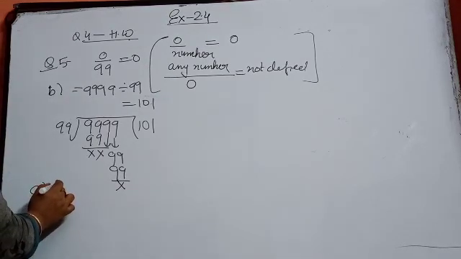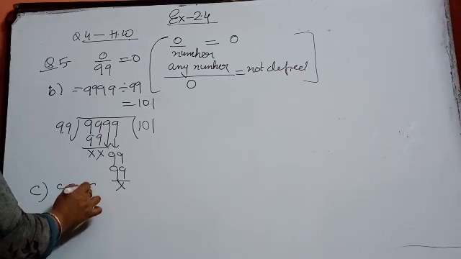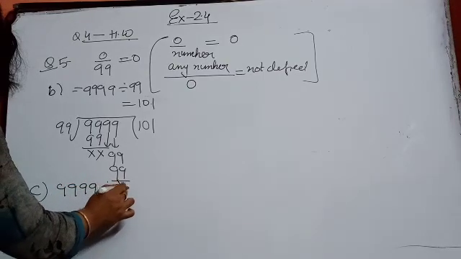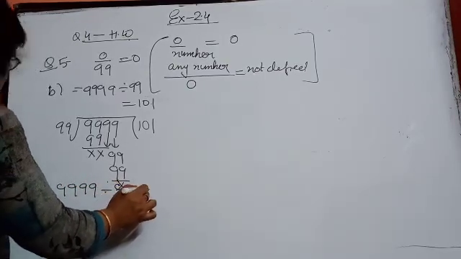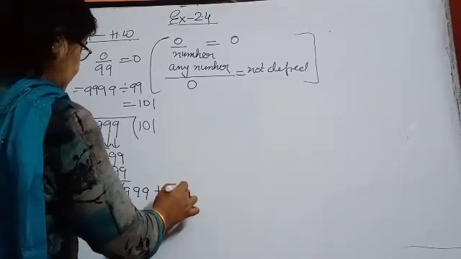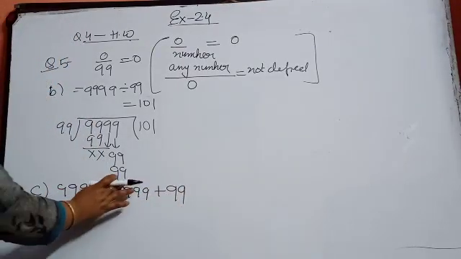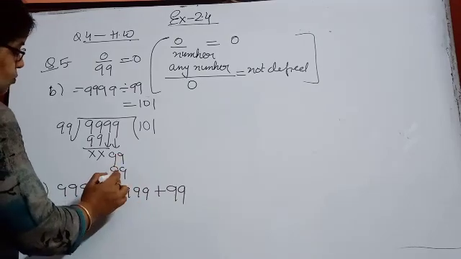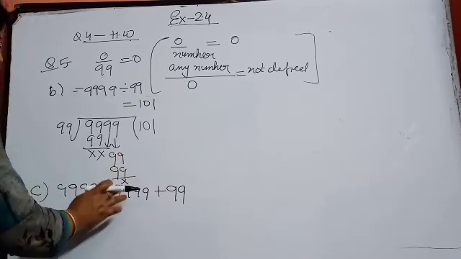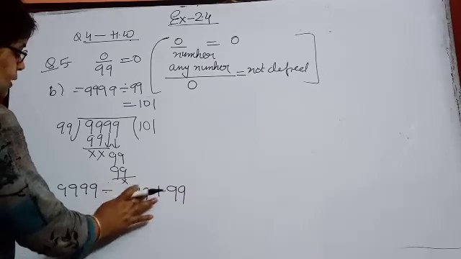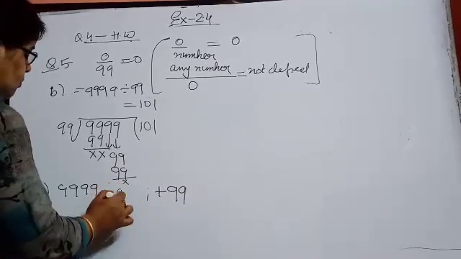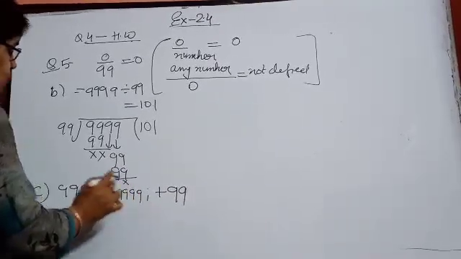See that now C part. 9999 divided by 9999 plus 99. First of all, according to the BODMAS rule, which you have done in the previous class also, what will you do, beta? First you should perform division.